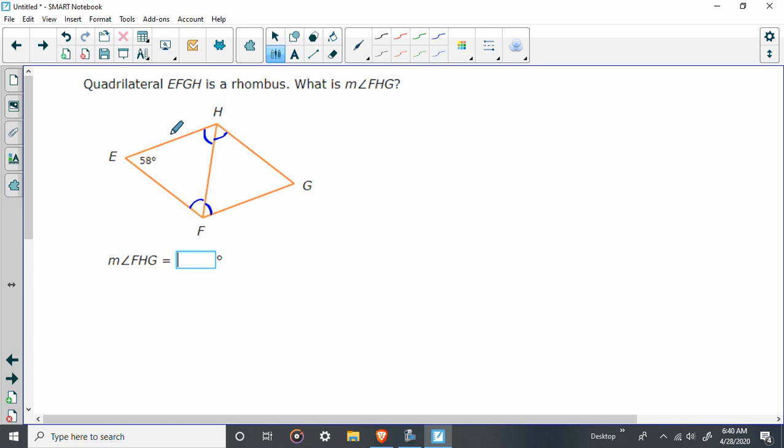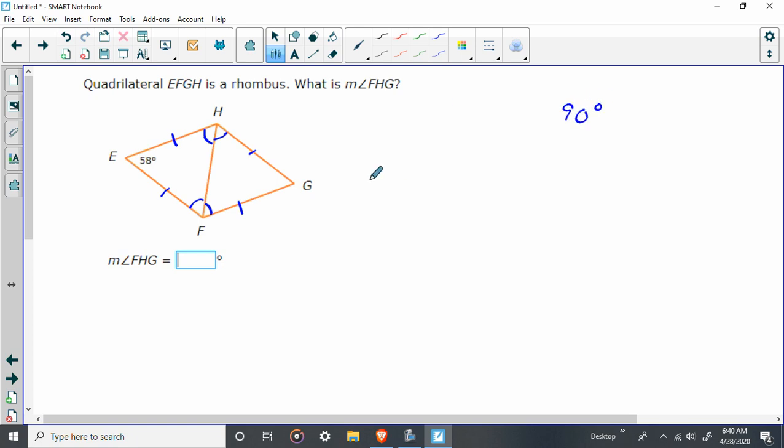And we know that because all the sides are congruent, right? Therefore, your base angles are congruent as well. So it all kind of falls into place, okay? So what can we say? How can we find these angles? Well, I know that in a triangle, it's 90 degrees, right?